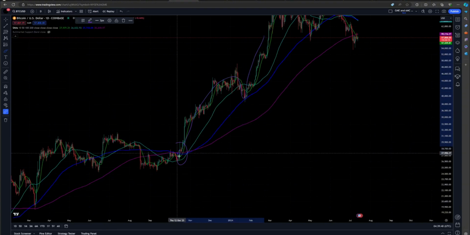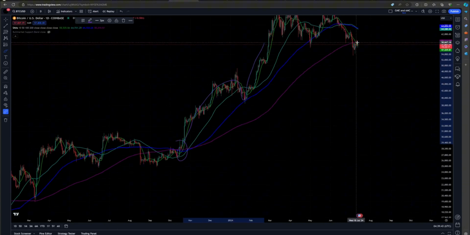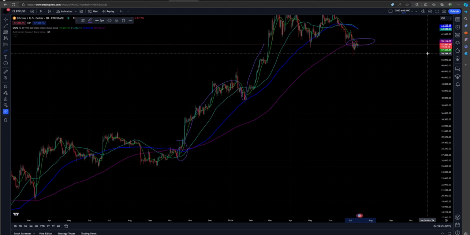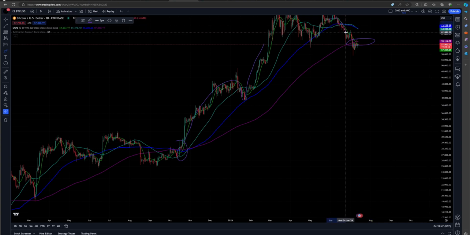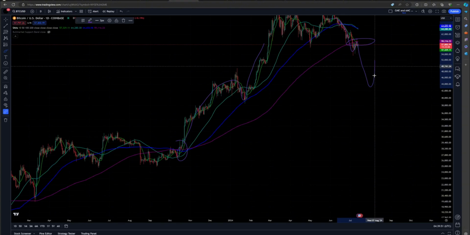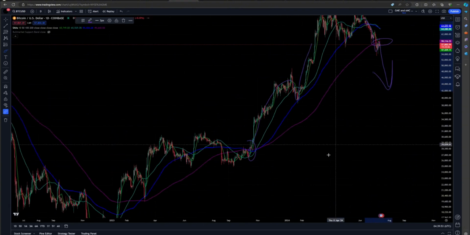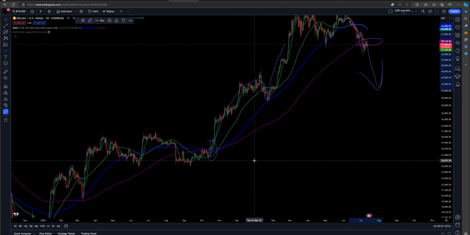You never revisited your 200 SMA until recently, right? And now we're breaking below. You can see that we broke below our SMAs, and now Bitcoin is very bearish, and you can move to the downside. But you can see how powerful breaking your 200 SMA and 100 SMA can be.